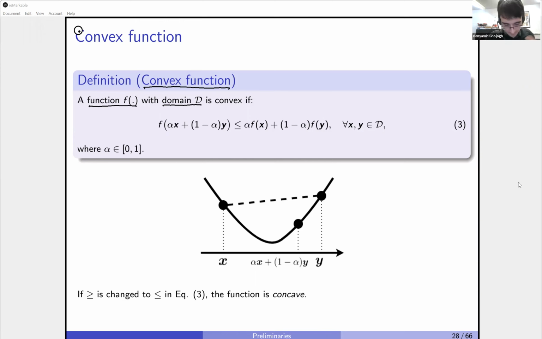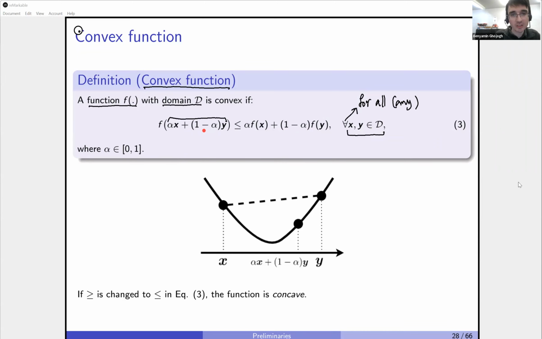I denote it by D. And if we have this, so do you remember this? Assume x and y are in this domain. For any, this means for all or for any two points in this domain. And what is this?